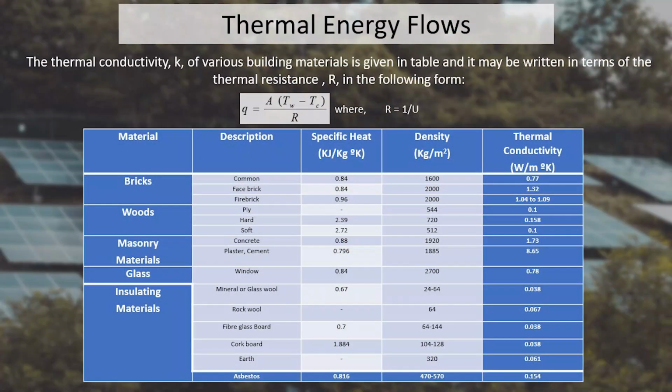Here I have mentioned some bricks, woods, glass, insulating materials and others. So from this table, we can find a particular material's conductivity on the basis of density and specific heat.